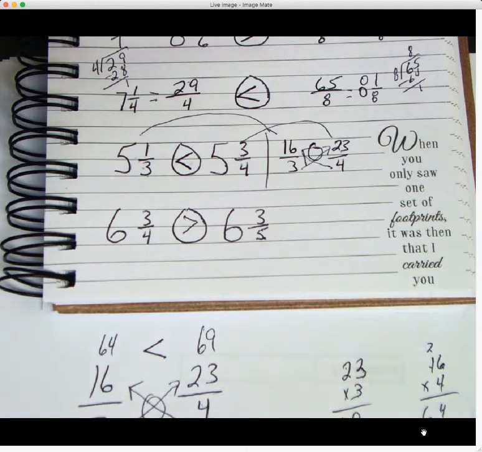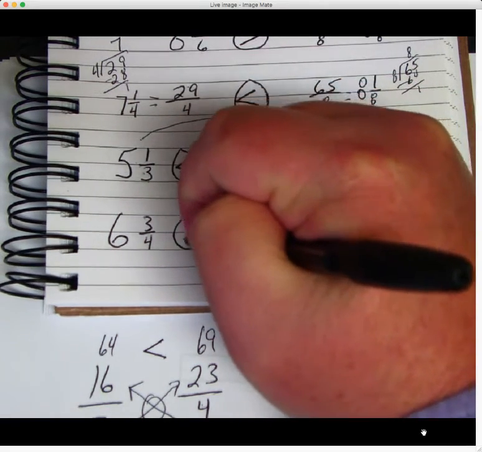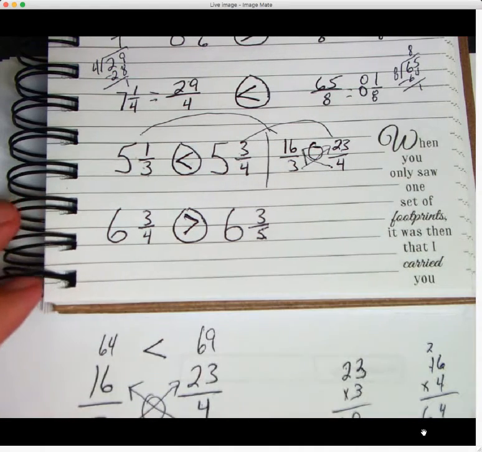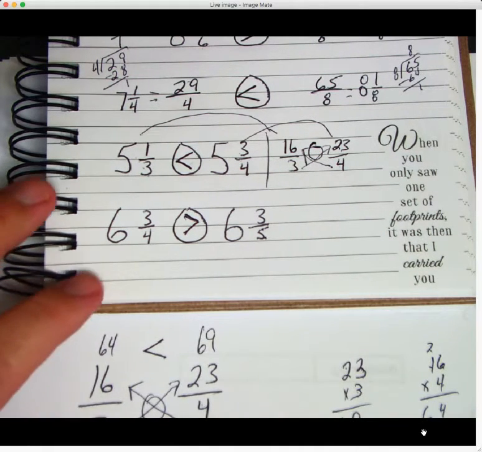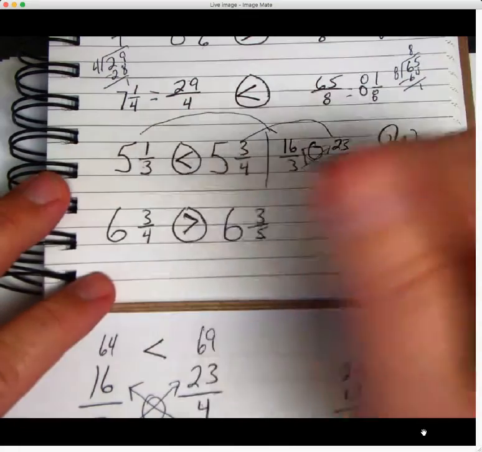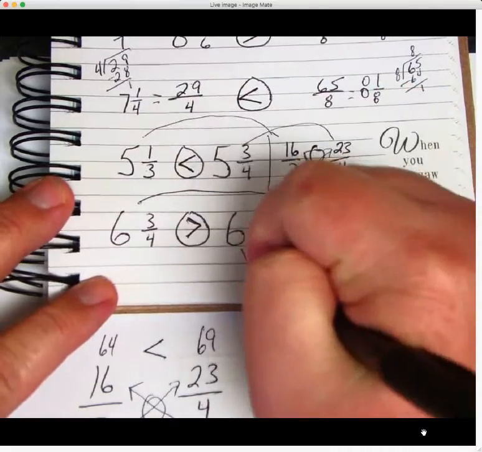That's that reasoning part, guys, that you just have to think through these. But just in case that's really hard for you, we can always do the same thing we just did, which is turn these into improper fractions and then work the multiplying way. It's confusing, I know. Okay, so I'm going to try to make it a little clearer this time. Let's do 1 over here, and let's do this one down here.